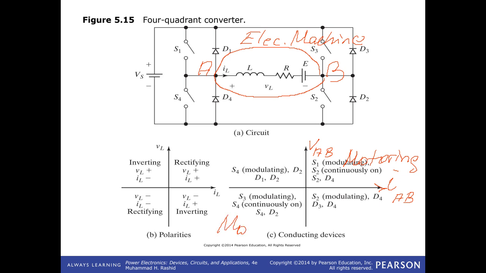Switches, obviously S3 is modulating, however S4 is continuous. If you put S3 off while current is flowing in this direction, then it's going to rotate through D2. Current is flowing like this.